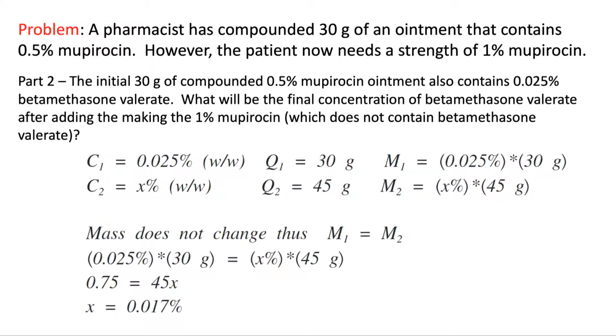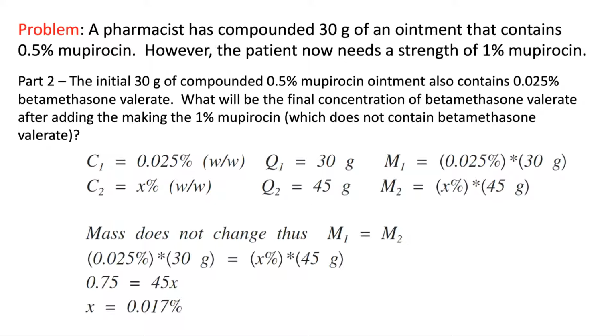After the combination, our C2, the concentration afterwards, is what we don't know. It's what we're solving for, so let's set X equal to the percent weight per weight concentration of betamethasone valerate after the combination. But we do know the quantity. From our previous example, when we mix everything together, the final quantity will be 45 grams. So the mass 2 afterwards is X percent times 45 grams.